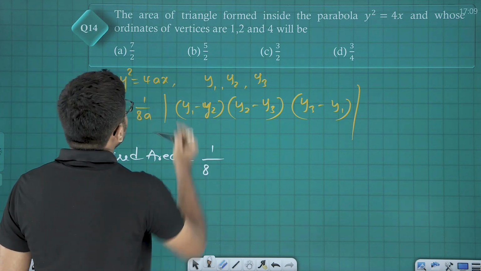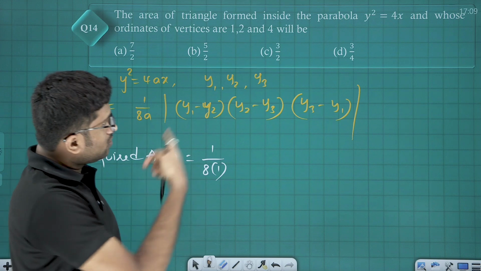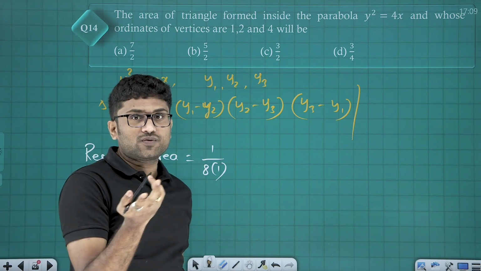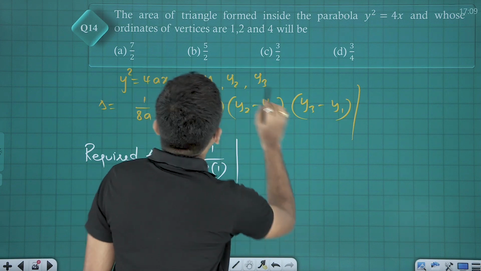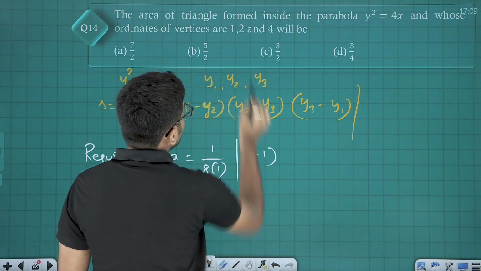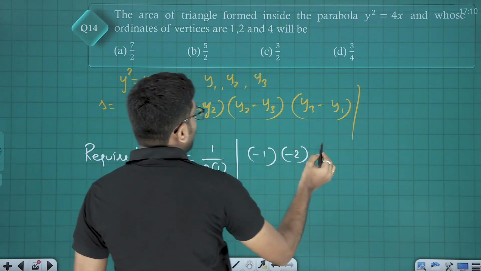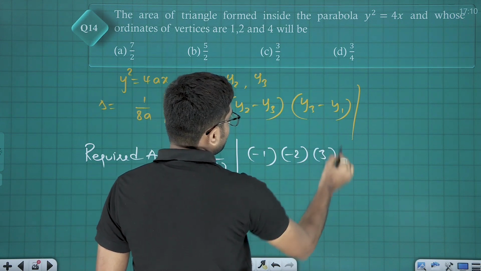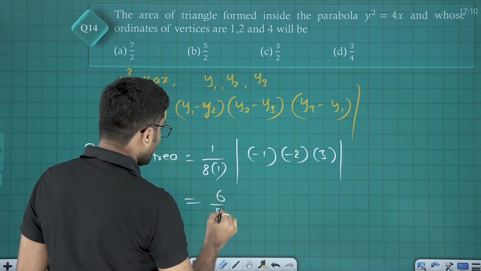(1 by 8) times a, and a is 1. When you compare with the standard form y square is equal to 4ax, a is 1, into mod of (y1 minus y2) which is 1 minus 2, (y2 minus y3) which is 2 minus 4, (y3 minus y1) which is 4 minus 1. So we get 3 twos are 6, 6 by 8 square units.